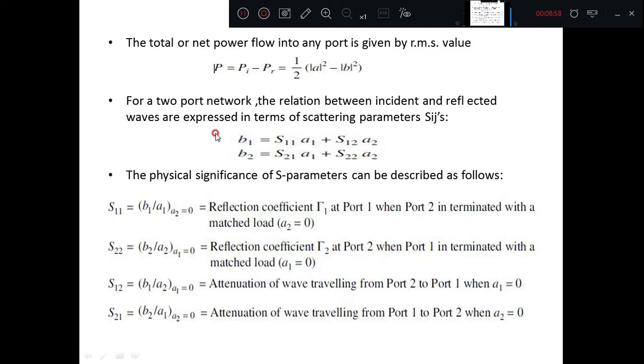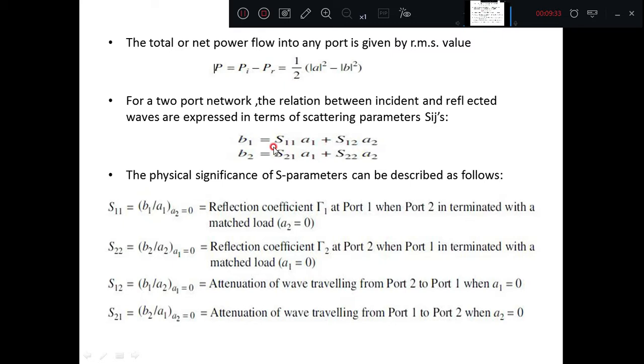So for a two-port network, the relation between incident and reflected waves is expressed in terms of the scattering parameters, right? Like how we related voltage and current with A, B, C, D, H, Z and Y parameters, in the same way we relate the incident and reflected waves with the scattering parameters.